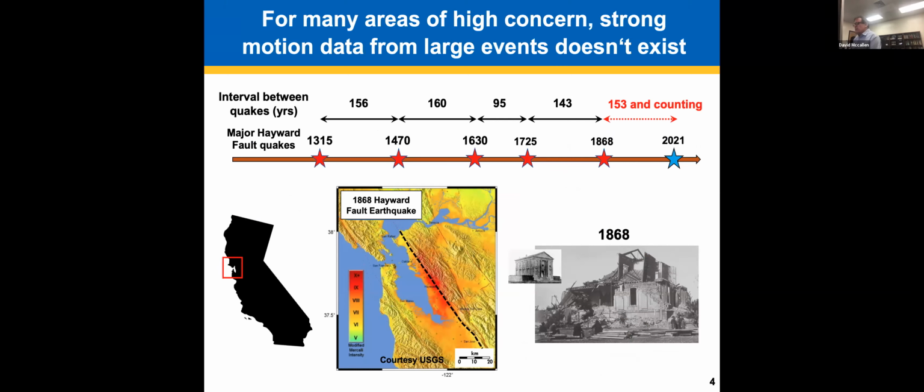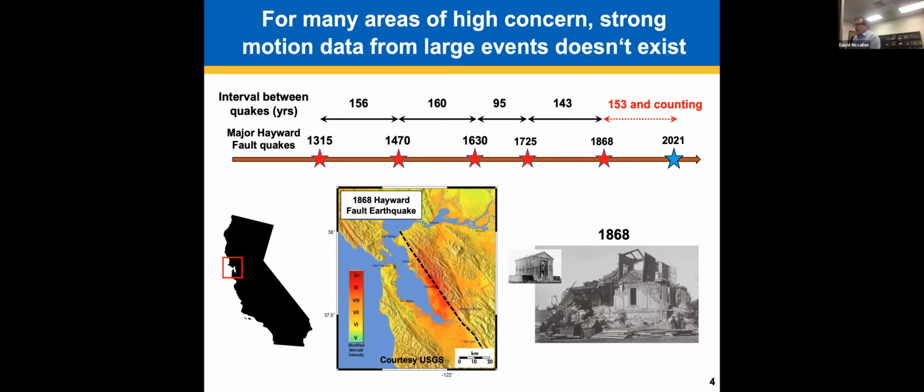And the example I will use that a number of you are familiar with in the US is for the Hayward Fault, here along the eastern edge of the San Francisco Bay in California. The Hayward Fault generates a major earthquake about once every 150 or so years. You can see the previous events here. The last event on this fault was in 1868. And obviously, that was well before the inception and the deployment of strong motion instrumentation.